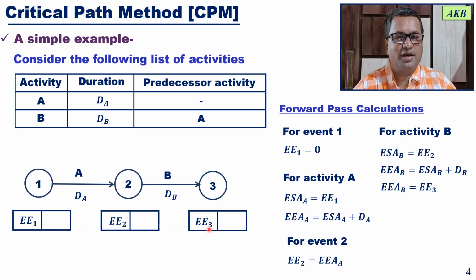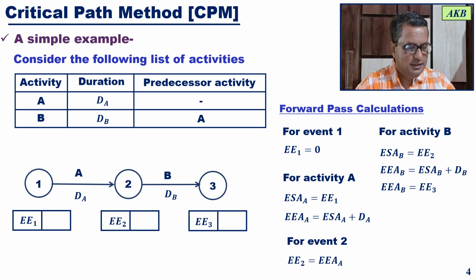In this simple diagram you just have 3 events. So in general, in forward pass calculations you have to note down the earliest event times for all the events in the network diagram.